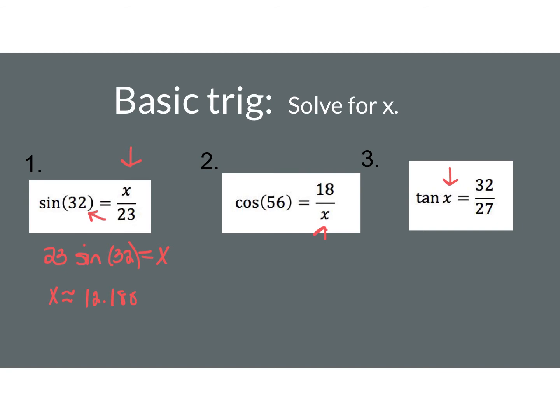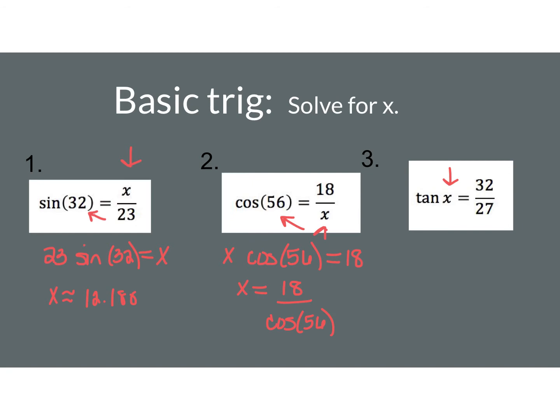For the second one, if our variable is in the denominator, as cosine of 56 equals 18 over x, just like before, we always have to start by multiplying across to clear that fraction. Then we're going to isolate the x. Right now it's being multiplied by cosine, so we're going to divide 18 by cosine 56.